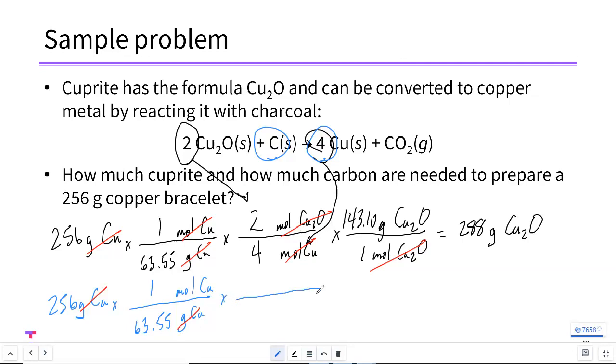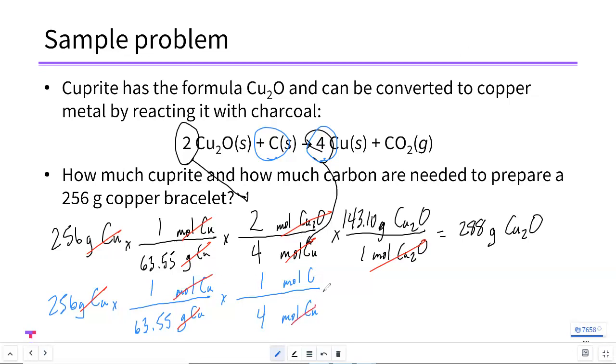My second step, I need to turn the moles of copper into moles of carbon. Again, I use the balanced chemical equation. Since carbon does not have a coefficient, it must be 1. So I've got 1 carbon and 4 copper.